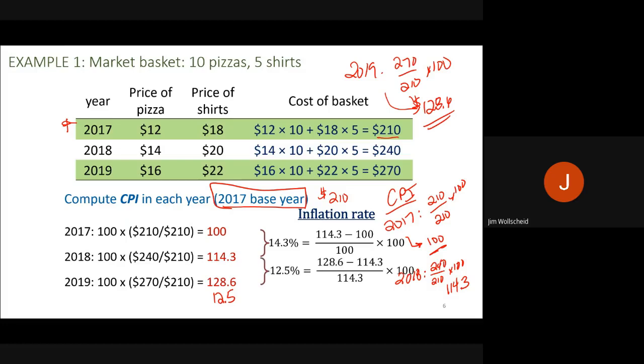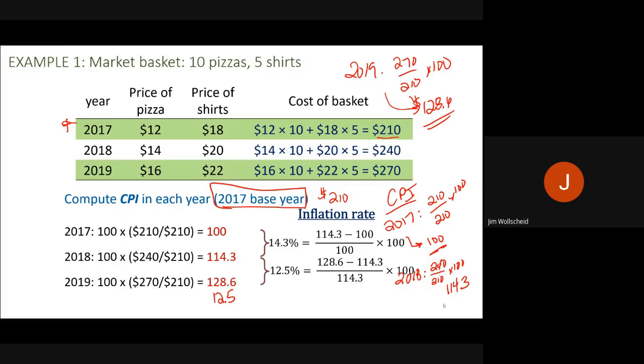And that's how you would calculate it. 128.6 minus 114.3 divided by 114.3. I cannot tell you how many times students forget to divide the number. They just subtract, and that's what they tell me the inflation will be. They forget to divide.